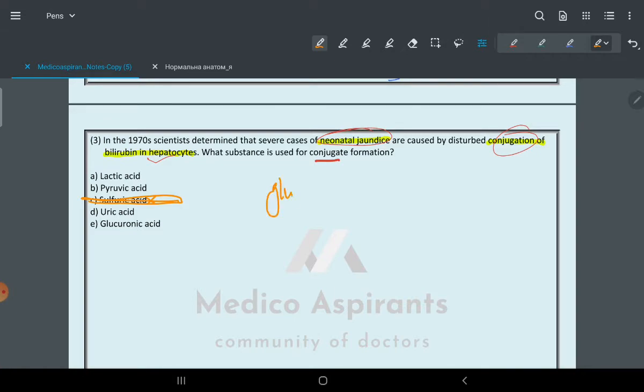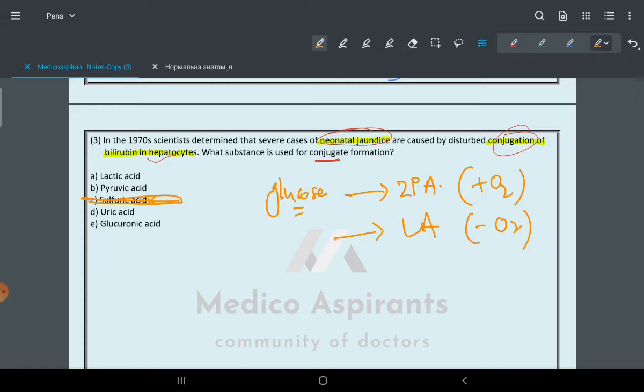Simply, glucose in the cytoplasm degrades to form pyruvic acid in the presence of oxygen, lactic acid in the absence of oxygen. I told you in my class, only remember this thing. So just remember pyruvic acid and lactic acid are from glucose metabolism.